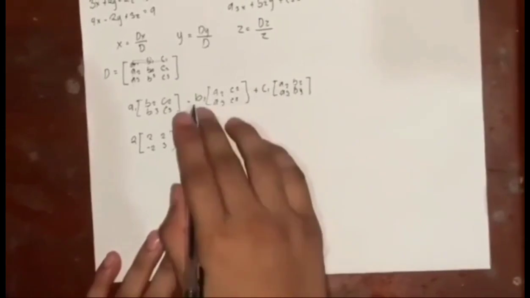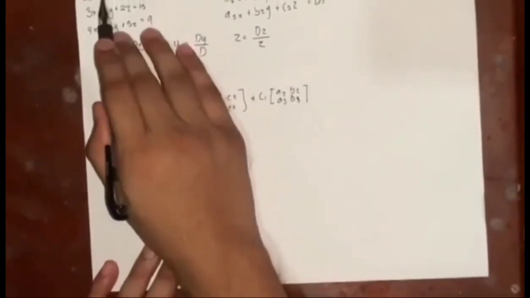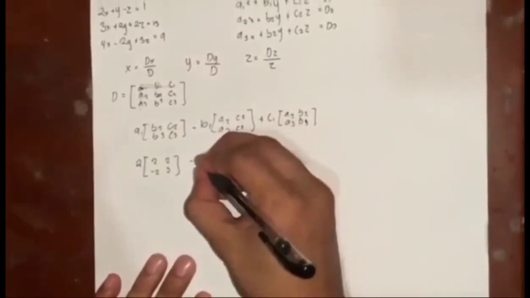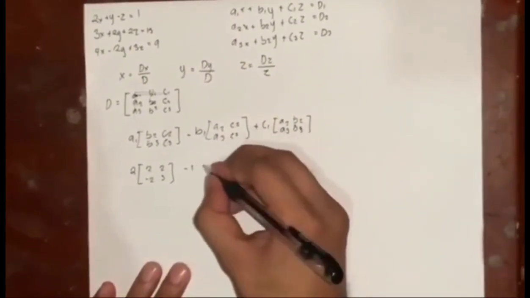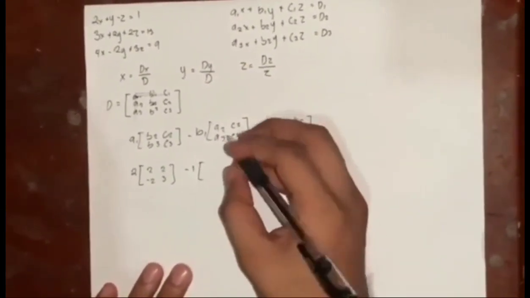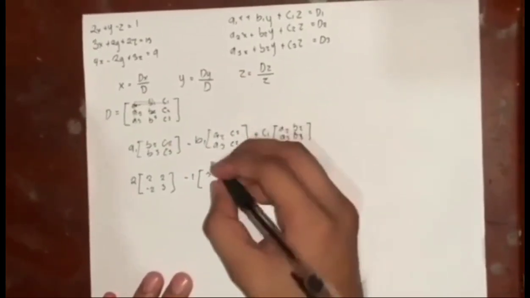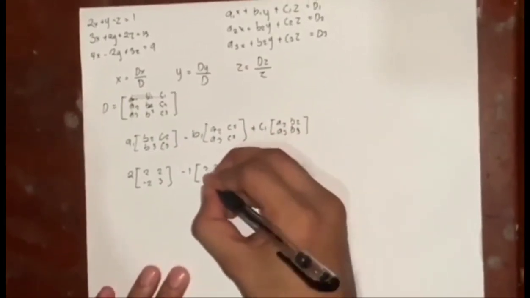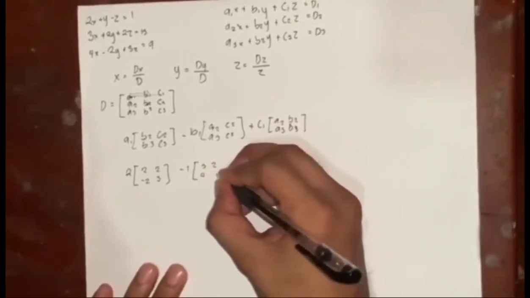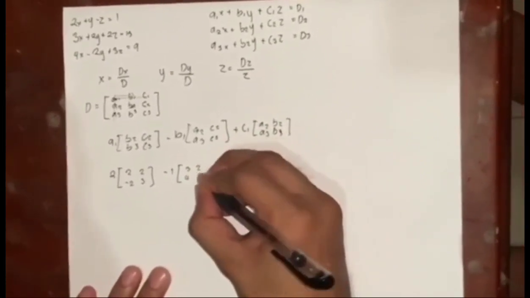Negative B1 equals to positive 1. A2 is also 3, C2 is equal to 2, A3 is 4, and C3 is 3.